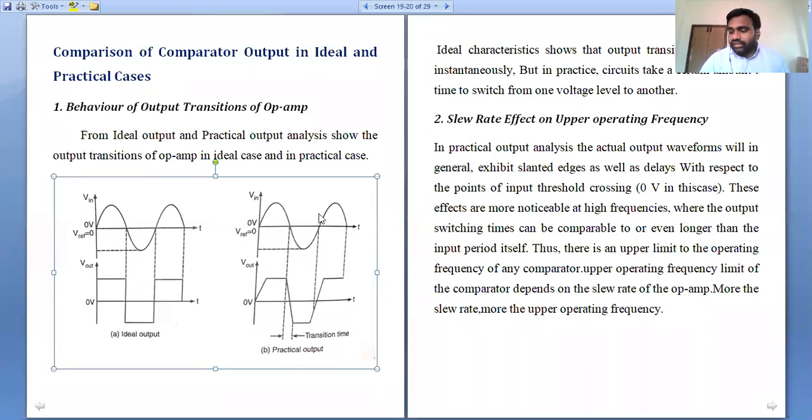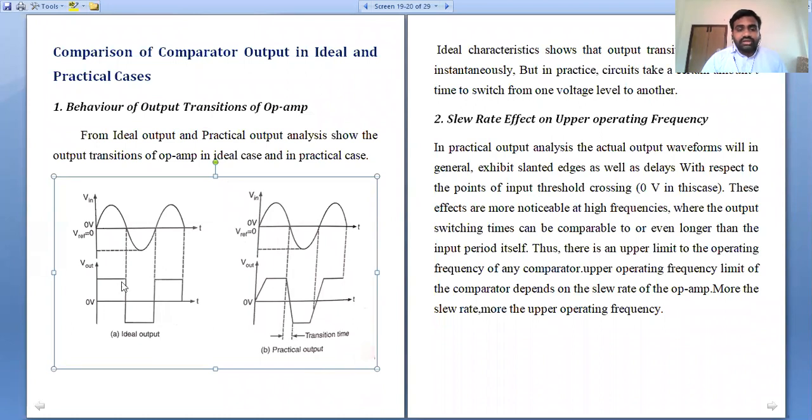In the aspect of practical condition, there is a transition in time.